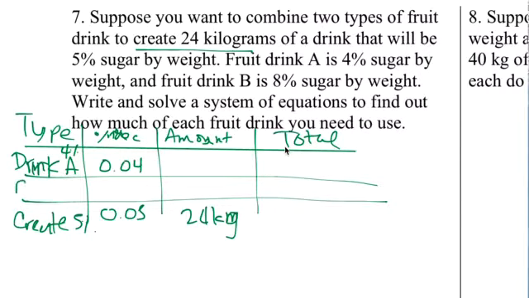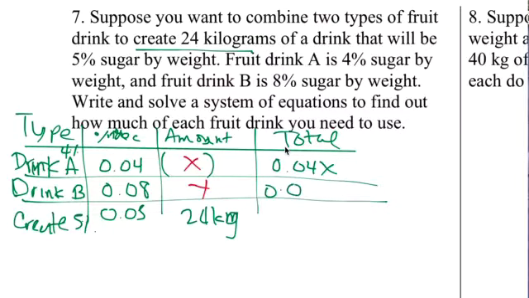And drink B is 8% by weight, and none of them gave us the amount, so we give X and Y. Multiply these two together: 0.04x, 0.08y.